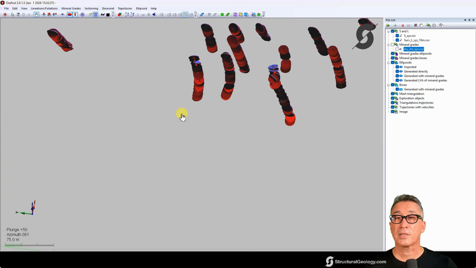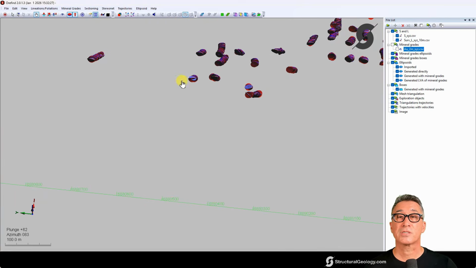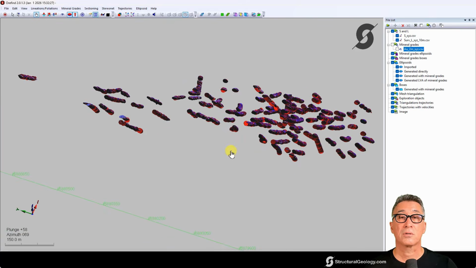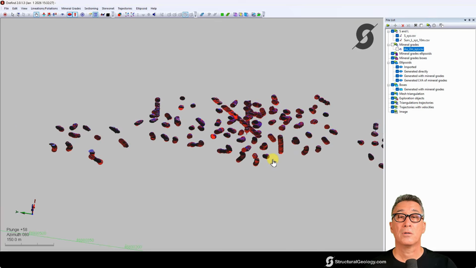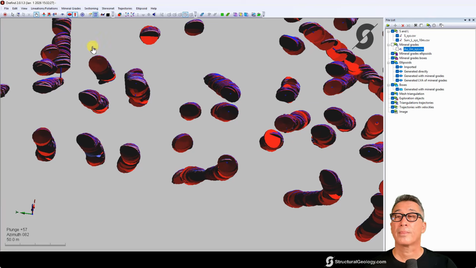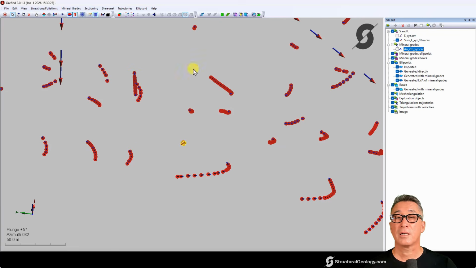Okay, so let's just examine one of these holes. So I have both of them turned on. I'll just turn that on, and then I'm going to turn off S and plot that.